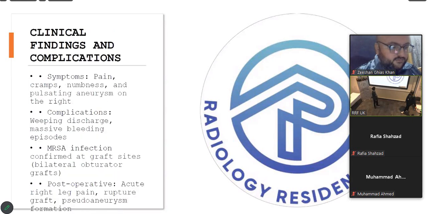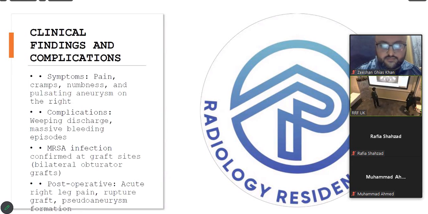Now moving into the clinical findings and complications, he presented with symptoms of pain, numbness, and a pulsating aneurysm on his right thigh. He also had complications such as the MRSA infection, weeping discharge, and massive bleeding.